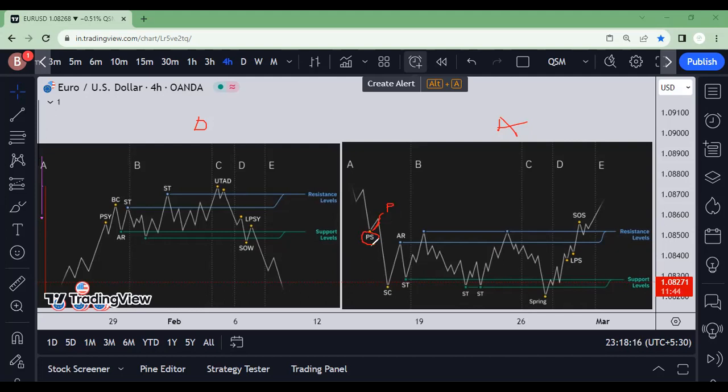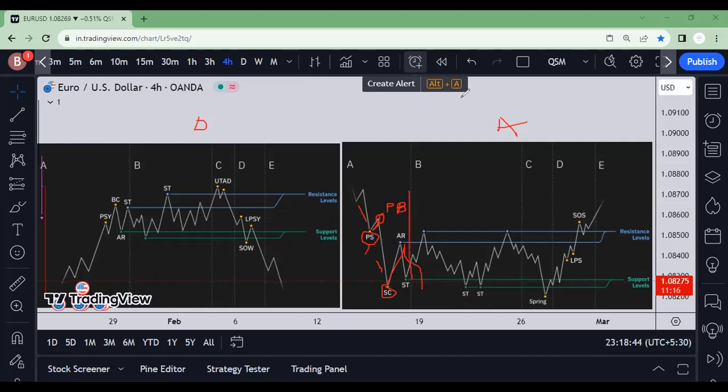Normally people call it preliminary supply because this was the last supply before the selling climax. But rather, I prefer to call it preliminary buying because this is the point which defines that we are into preliminary supply. Then there is a selling climax, automatic rally reaction, secondary test.